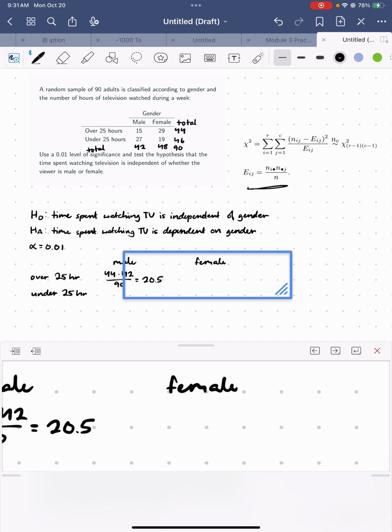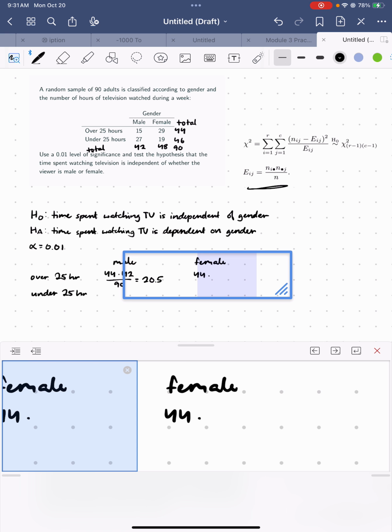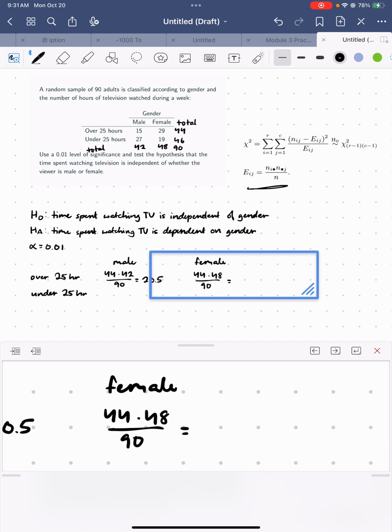And then we have our female, so we have 44 times 48 divided by 90. And that is around 23.5.